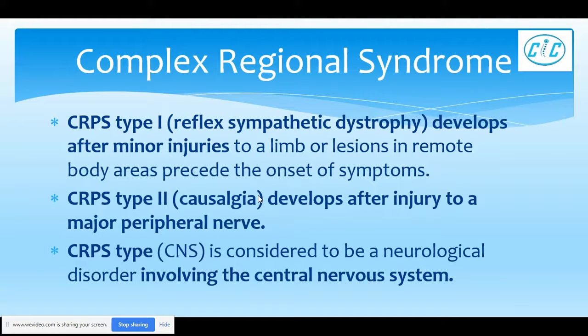But in the most important and more complex scenario, CRPS can be central nervous system caused. If somebody has trauma to the brain, like whiplash, they also experience CRPS-type syndromes, and that is more difficult to diagnose.